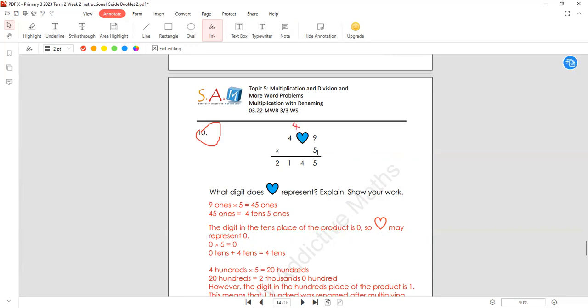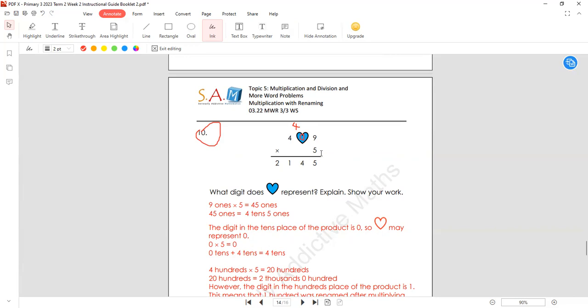So now they've got the thing, right? 5 times which single digit will end up with 4 in the tens place? So 5 times 0 equals 0. 0 plus 4 tens equals 4 tens. So it's possible to have 0, right? So they can think about it as, what if this is 0? And then, okay, let's move on.